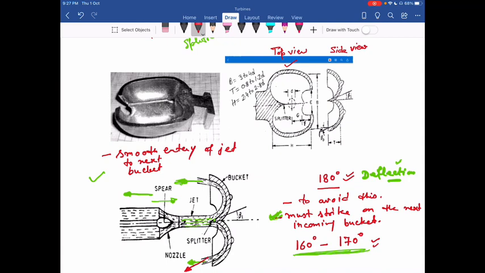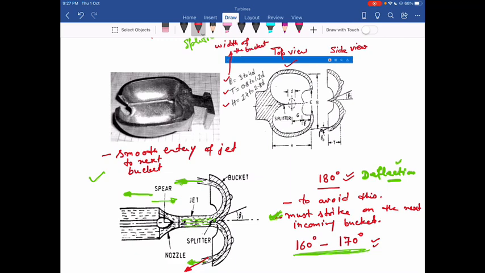One is B, another is capital T, another is H. Now this B is called the width of the bucket.